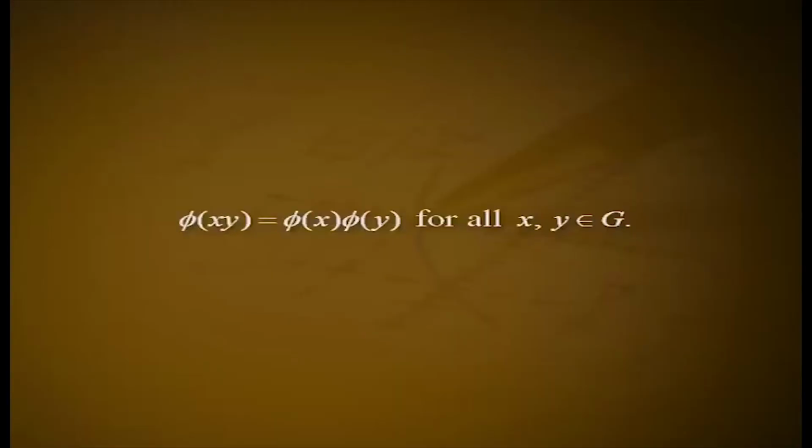That phi provides an isomorphism of G with phi of G now follows at once because phi provides a one-to-one map of G onto phi of G such that phi of xy is equal to phi of x into phi of y for all x, y belongs to G.